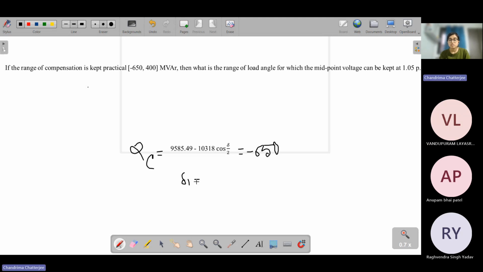Delta 1 is 14.52, ma'am. And 54.19, yes, ma'am.